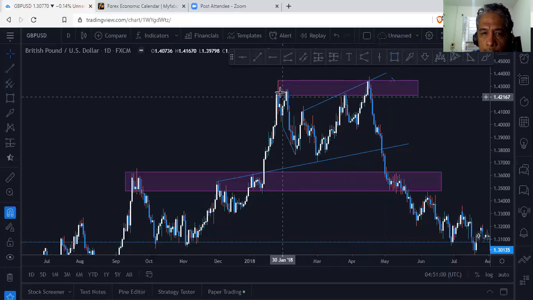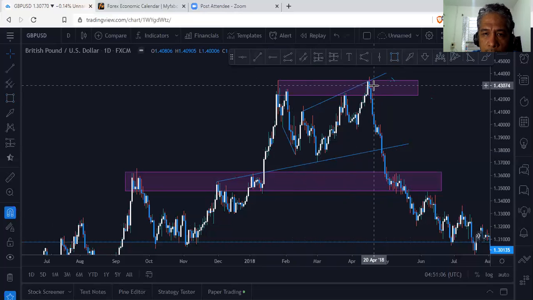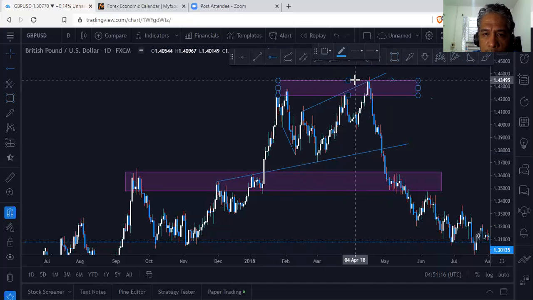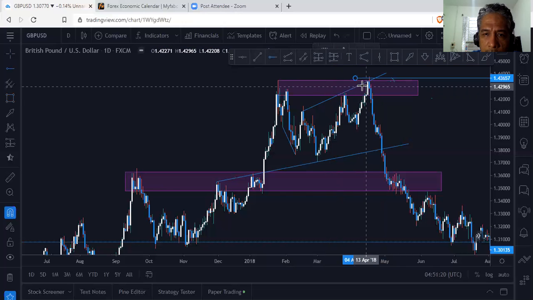And what happens when you attack the market right here? You'll have your entry over here, and your stop loss will be right here, and entry right here.